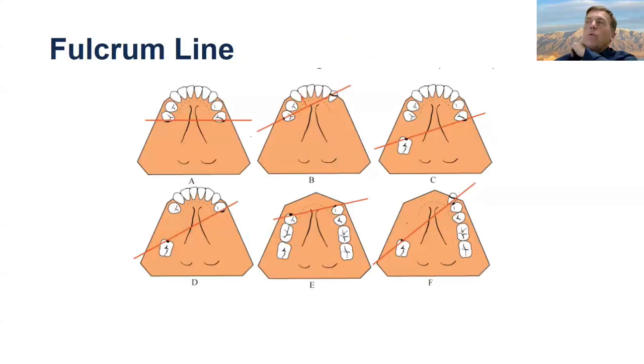So the fulcrum line, when we're working on our cases, we need to think about where our partial is going to rotate and what we can do to fix it. Like for instance, this case, we could use a double embrasure clasp on here and here, and then not only do we get a ton of retention, especially if we can get a guide plane or something like that to lock this down, but that's going to pretty much prevent any kind of rotation. Most of the time you'll see we're using an indirect retainer on one of the cuspids with a lot of these.